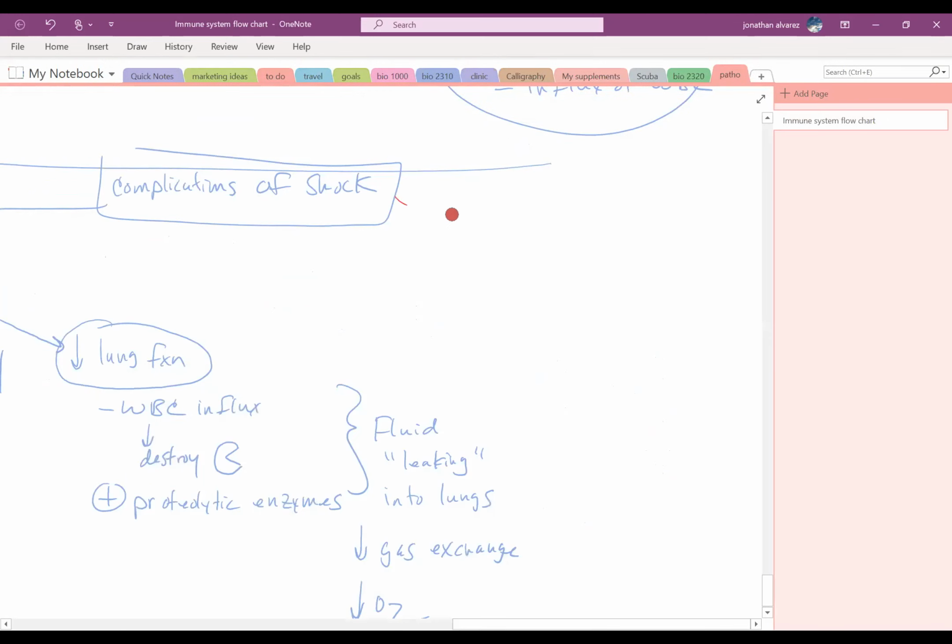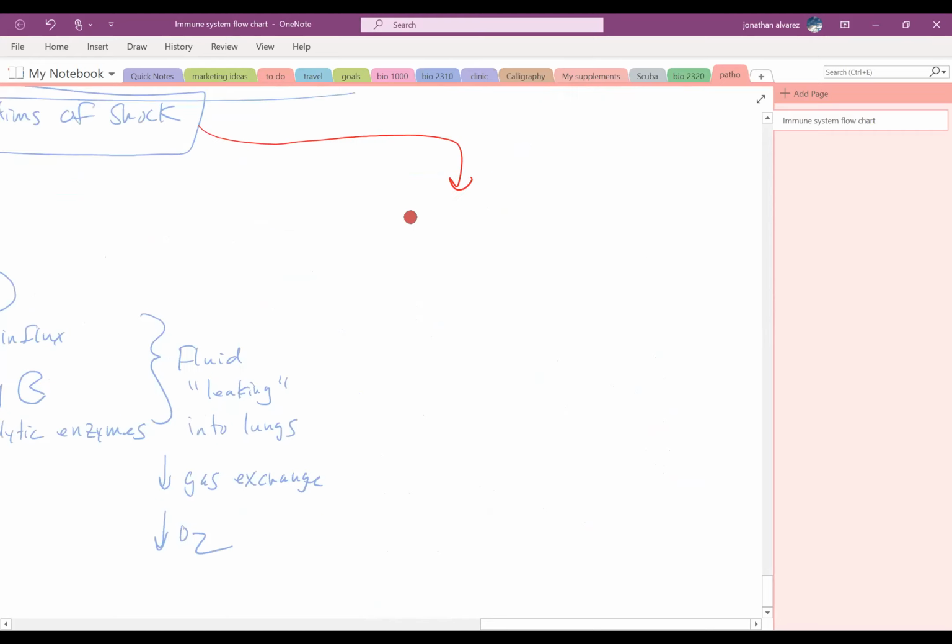All right, and then we have DIC, disseminated intravascular coagulation.